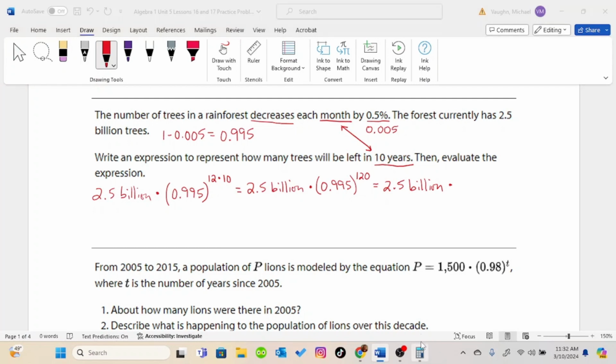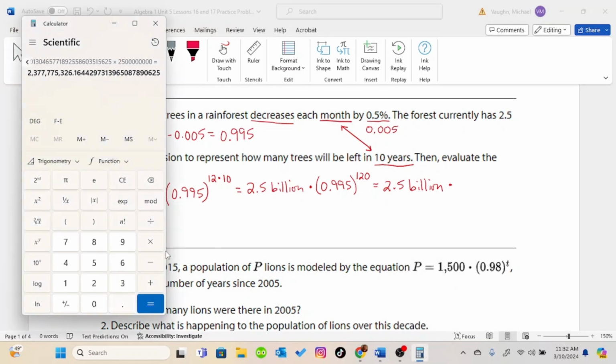We'll do the exponent first. We have 0.995 to the power of 120. And this is approximately 0.548.